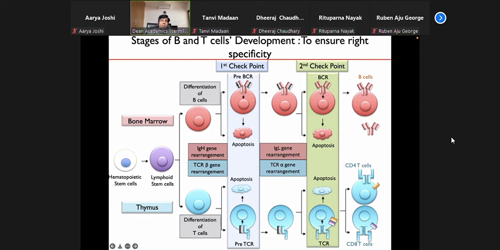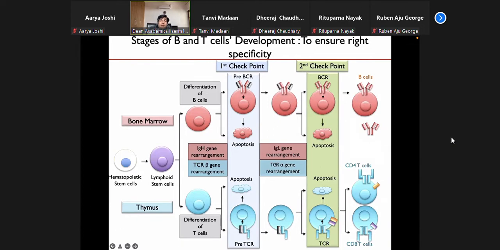For it to happen, it has to attach with a surrogate light chain. We'll talk about what exactly is the name, but this complex we do not call a BCR; we call it a pre-B cell receptor, because this is not the right light chain that is supposed to be in the B cell receptor.